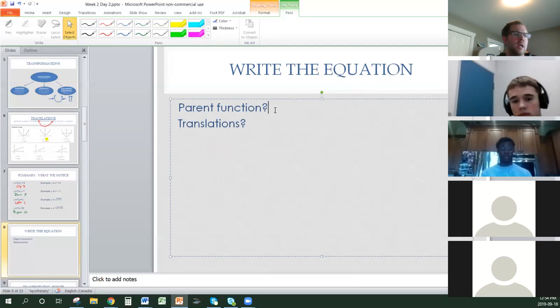It could be the square root function, an x cubed function, an x squared function, just any type of function. And then tell me 2 different translations that are happening, whether it's going left or right and how many, and whether it's going up or down and how many. When I say the parent function, that's what I'm referring to, like square root.